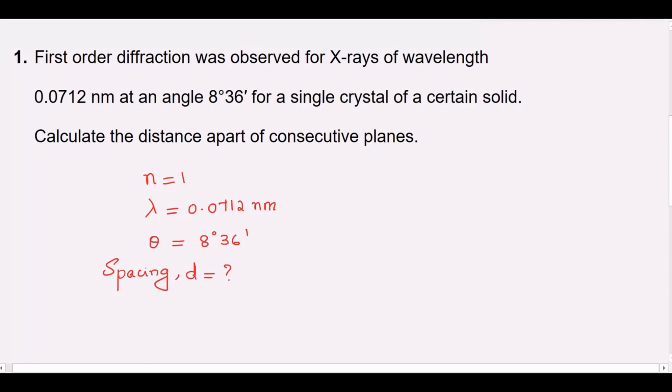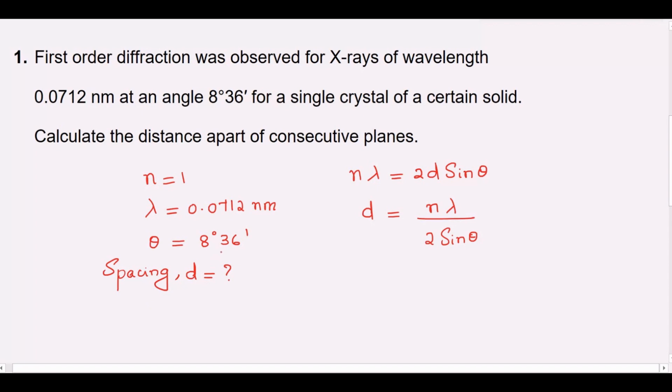So let's see the Bragg's equation. We have n lambda equals 2d sin theta. From this we can calculate d as d equals n lambda by 2 sin theta. If we substitute these values, we will get the answer.